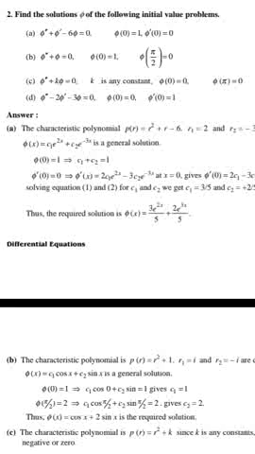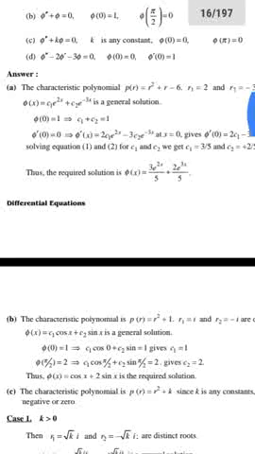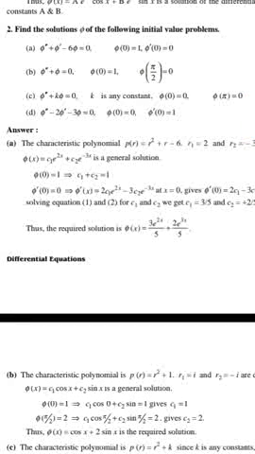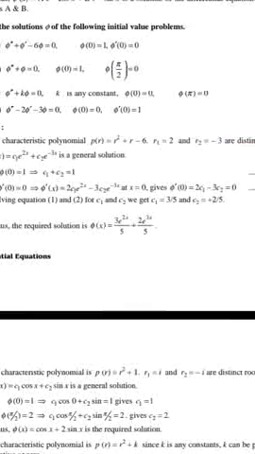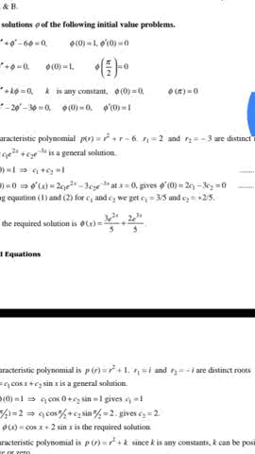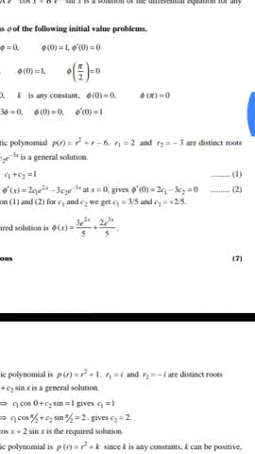The given equation is phi double dash plus phi dash minus 6 phi is equal to 0, and its characteristic polynomial is p of r is equal to r square plus r minus 6.